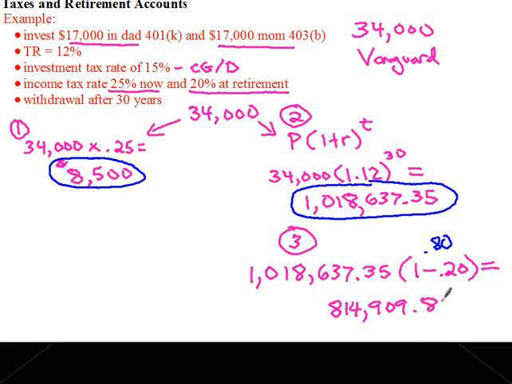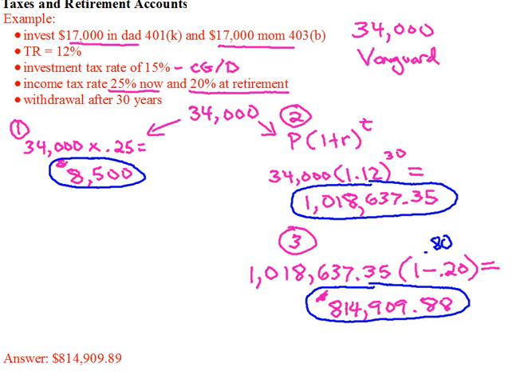$814,909.88. Imagine, by the way, if this family had done this every single year for their 30 years, you'd get quite a nice nest egg if all this were to play out. So either way, they're going to get to keep $814,909.89, and that's just the answer that I have down here at the bottom.